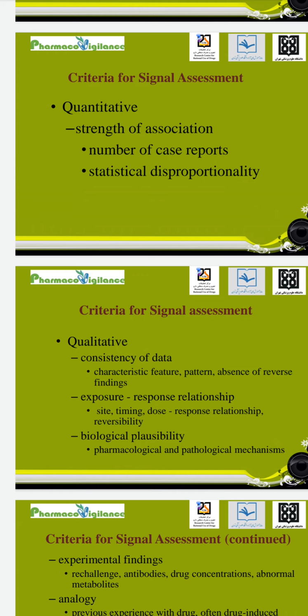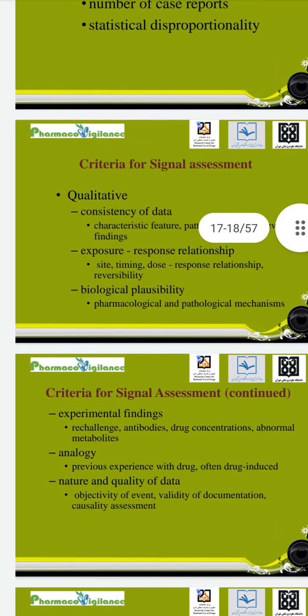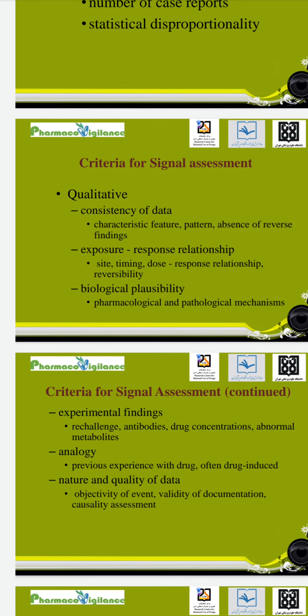In the criteria for the signal assessments, qualitatively, experimental finding: rechallenge, antibodies, drug concentration, abnormal metabolites. These are the experimental findings. In the analogy, previous experience with drug, often drug induced, are important.